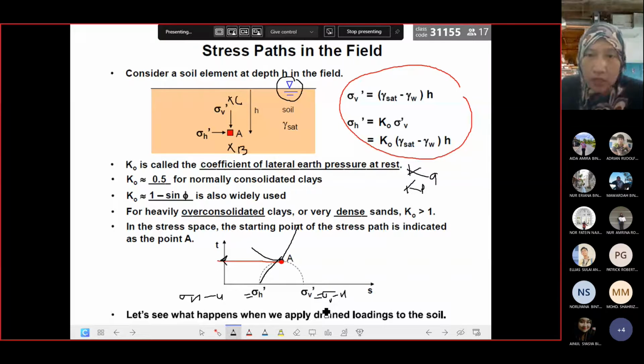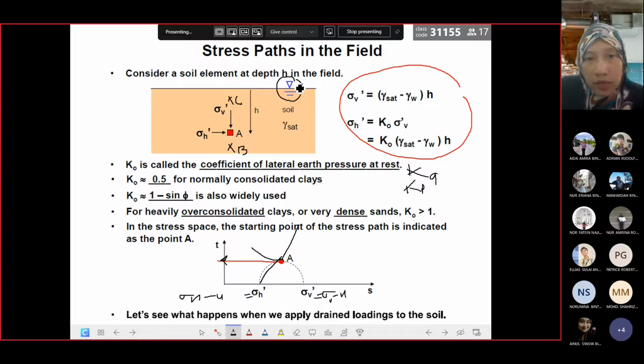In the rest condition meaning that pada certain points of the specimen ataupun pada satu kedalaman, stress at the A here, when you look at from the vertically ataupun horizontally, you akan nampak titik A ni dia mengalami tegasan in all directions ataupun in the confining pressure dia.